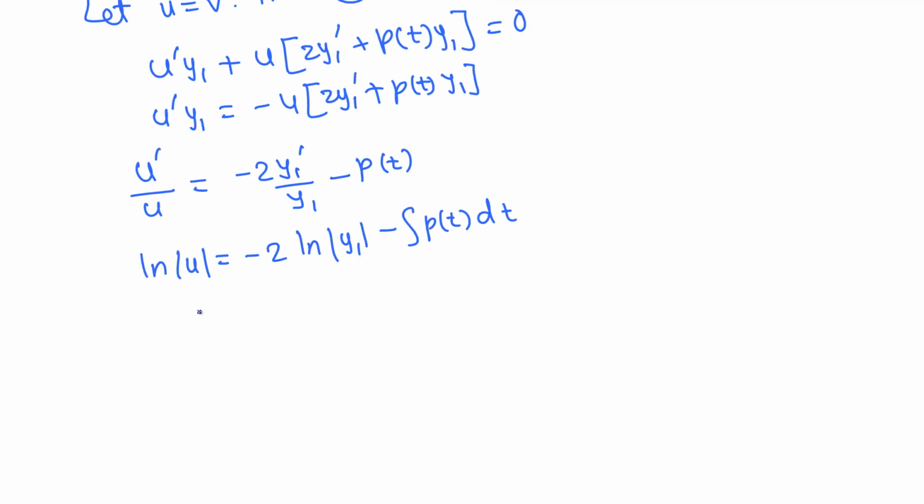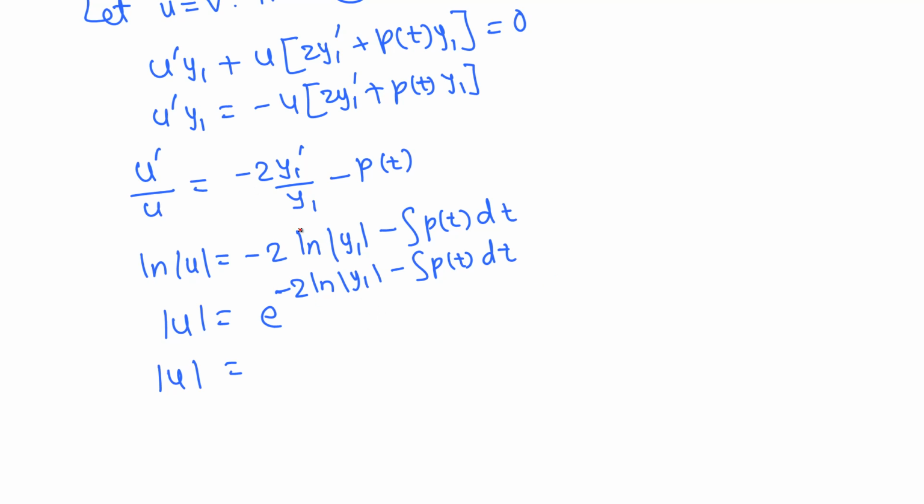Exponentiate both sides, so we get u equals e raised to the negative integral of p(t) dt, plus c, by the way, but we are just looking for one function, so we may take c equals 0 to make things simpler.